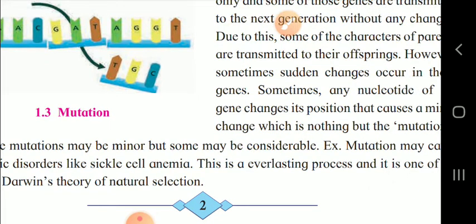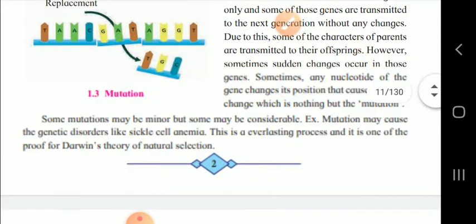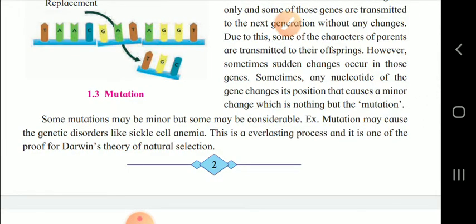Now children, some mutation may be minor but some is considerable, and this is an everlasting process, and it is one of the proofs of Darwin's theory of natural selection.